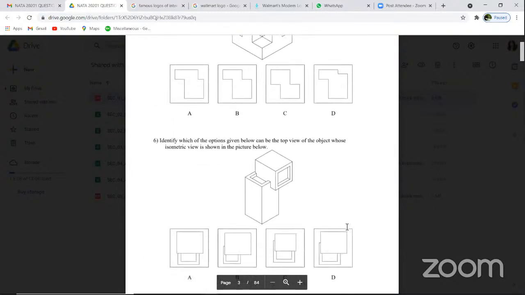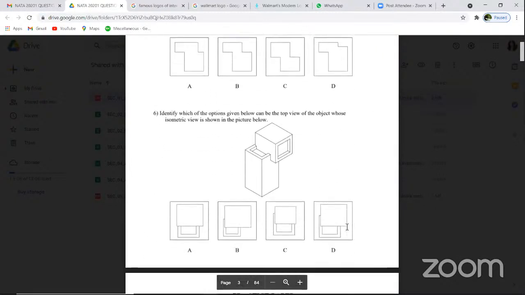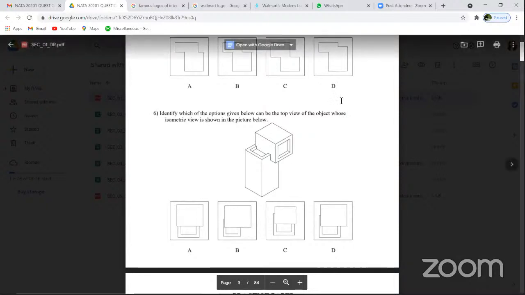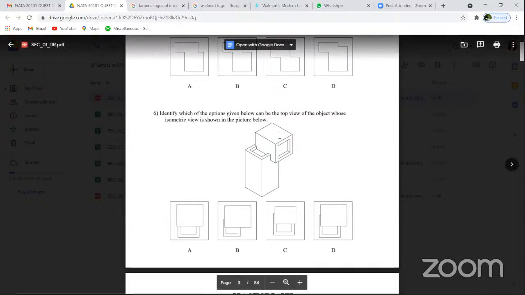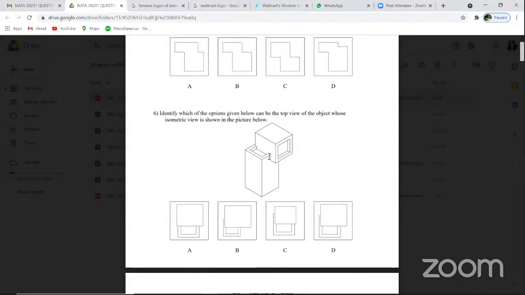D. This one you try. Option B. No. How D? If you see the difference between these two, D option, the edge of this and this is way too big.